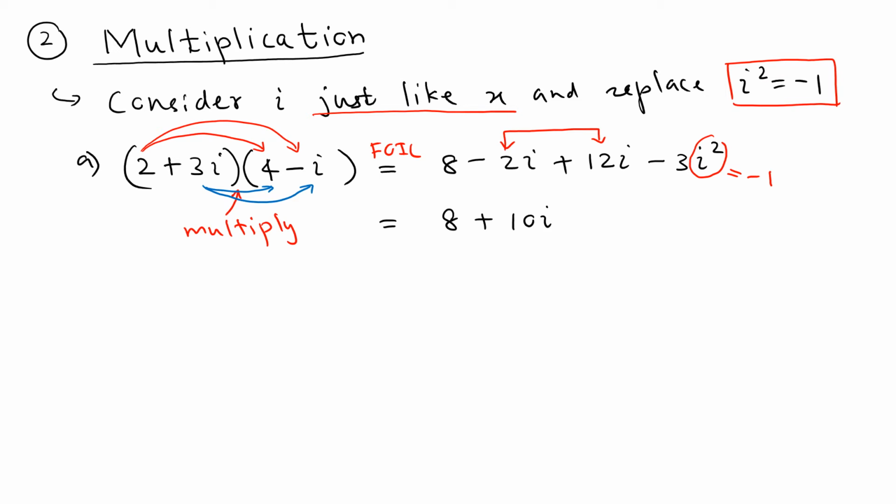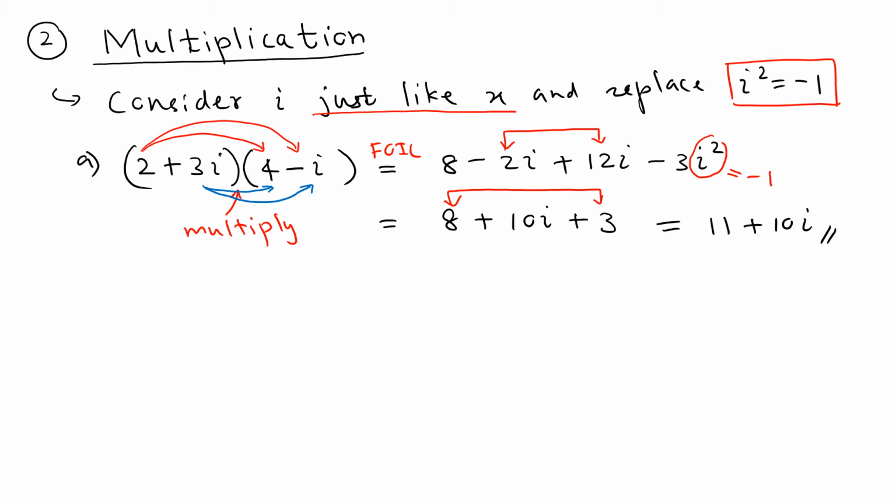And then -3 times -1, you're going to get 3. With multiplication, you have negative 3 times -1, so you get 3. Now what we can do is simply add these two numbers, so you get two real numbers. You can see that you're going to get 8 plus 3, which is 11, plus 10i. So that's what you get when you multiply the two complex numbers.